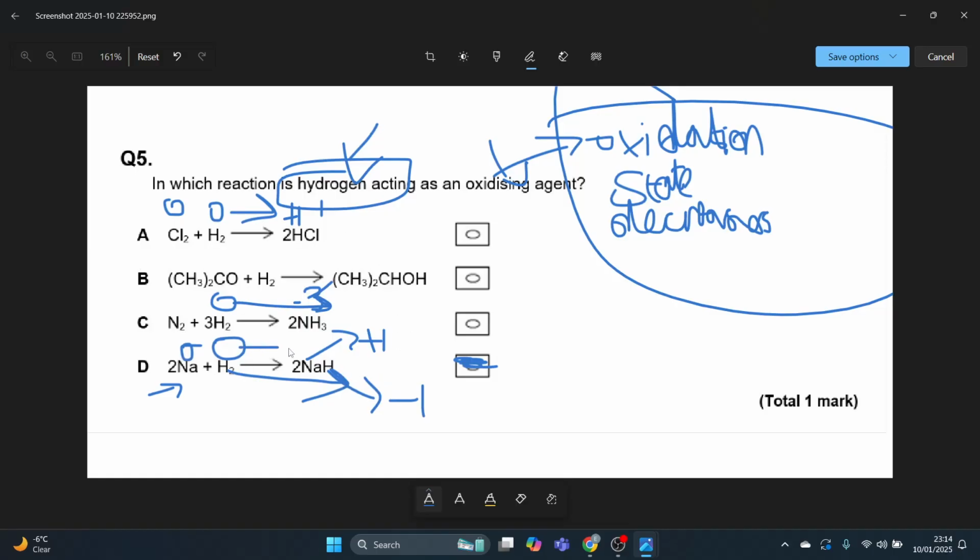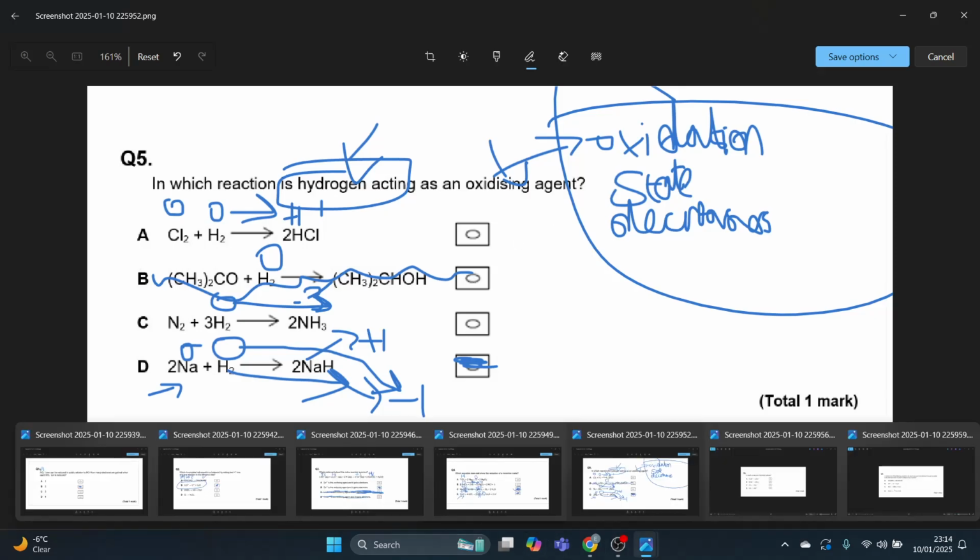In this case, 0 to -1, that's acting as an oxidizing agent. And if you look at B, that's 0. Don't really need to look at B anyway. 2Na plus H2 arrow 2NaH is hydrogen acting as an oxidizing agent, and yes it is.